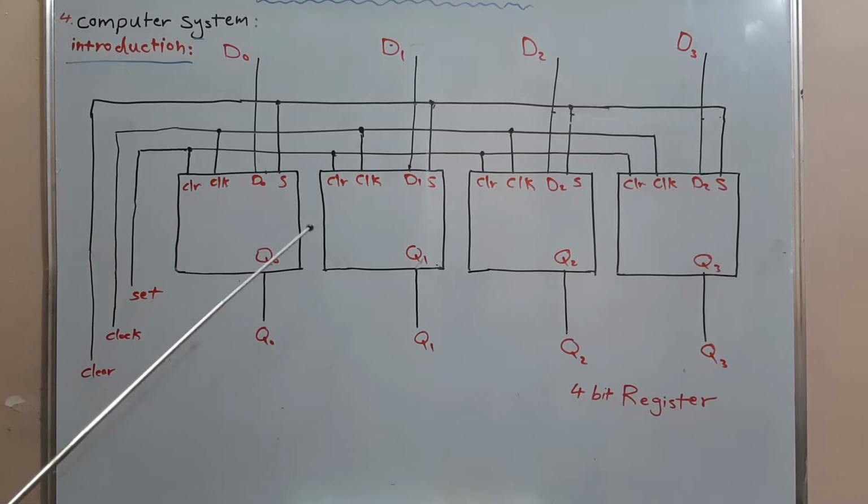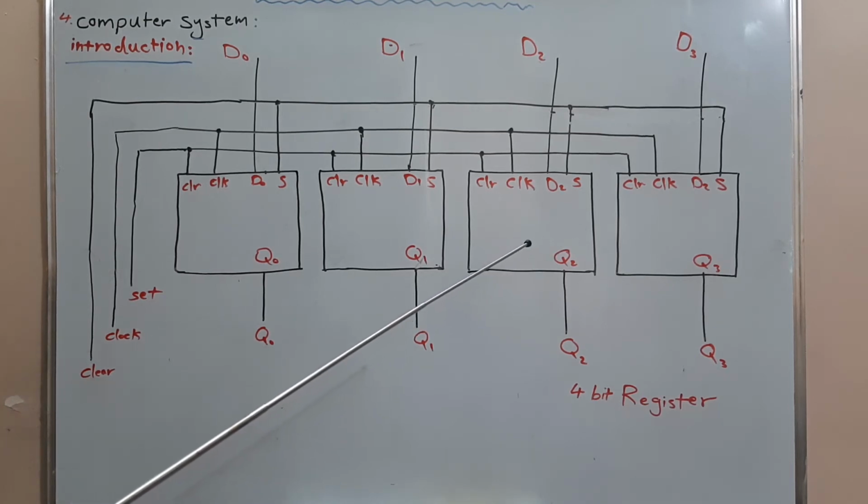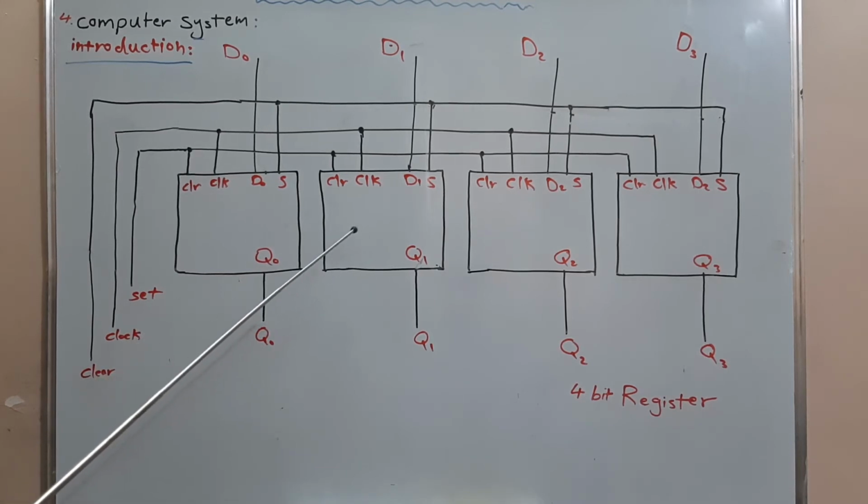It has one 4-bit input port and one 4-bit output port. The clear, clock, and set are common to all the flip-flops, and they are all bound in the same manner as this diagram shows.